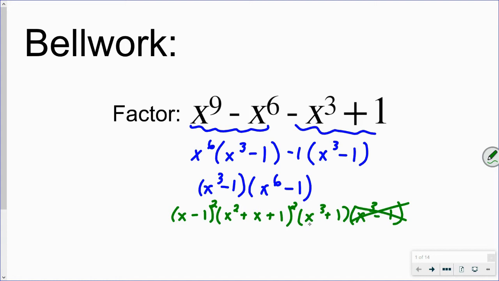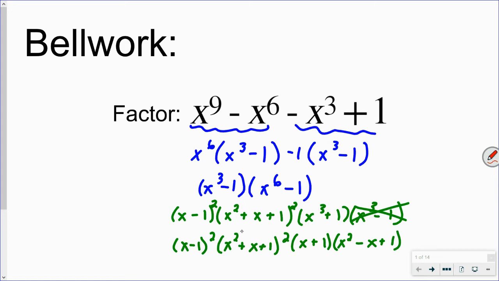And then I obviously need to do the sum of cubes here. So x plus 1, x squared minus x plus 1. And then you have your x minus 1 squared, x squared plus x plus 1 squared.